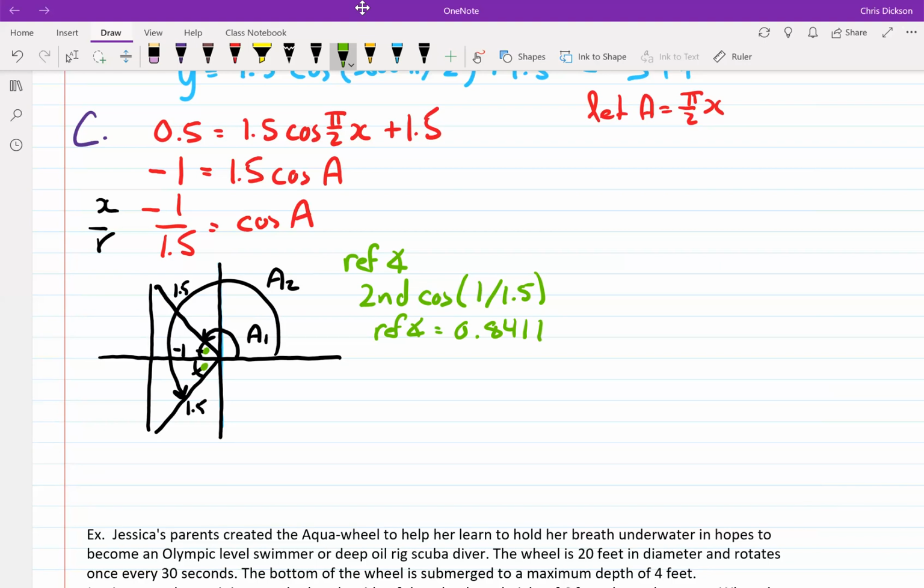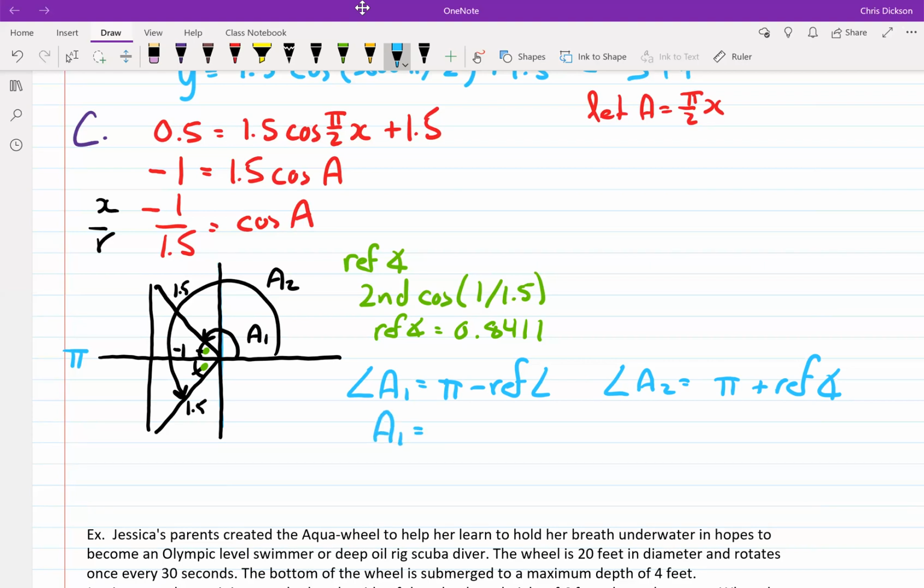The first angle, I'm going to call that A1, as we said. Angle A1 would be equal to pi minus the reference angle. And angle A2 would equal pi plus the reference angle. So let's do pi, second function, pi minus that number, and I get A1 equaling 2.3005.